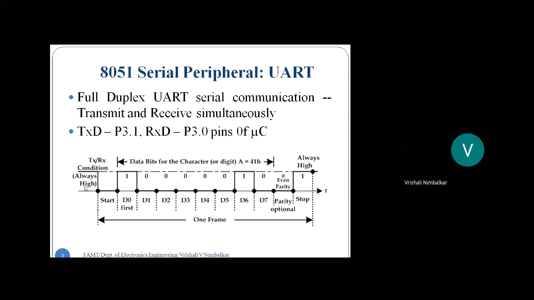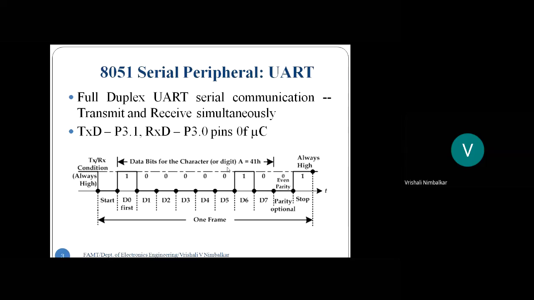That will always be logic 1. And if transmission begins, the start bit is logic 0. So there should be an indication that the transmission is getting started. That's the reason the start bit is kept as logic 0. Idle condition, those pins will always have logic 1. Hope you get me, students.